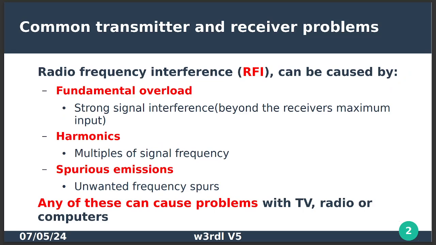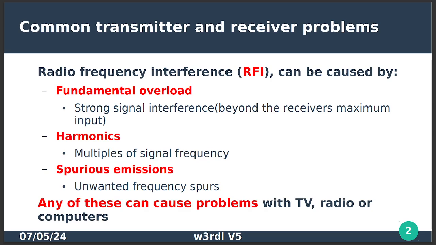Okay, common transmitter and receiver problems, radio frequency interference, and you're going to come upon what's probably the hardest thing. It's easy to find things that will fix the various different problems. The problem is identifying what the problem is. That's where the difficult part comes in. So it can be caused by fundamental overload.